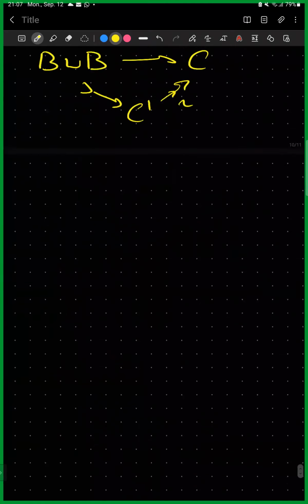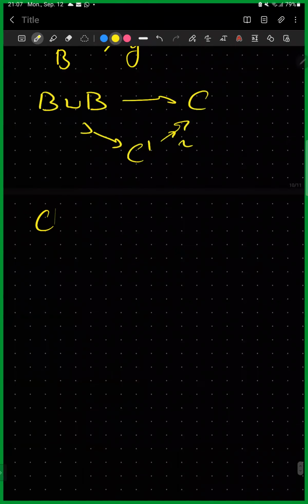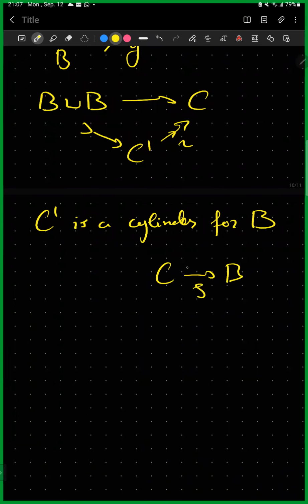Now it becomes clear that C prime is a cylinder for B, because we already had a weak equivalence here, and here we just add another weak equivalence.